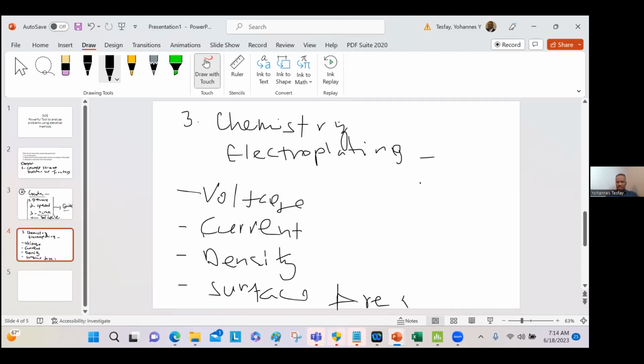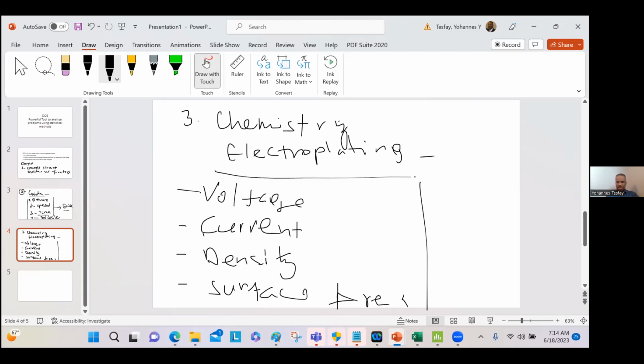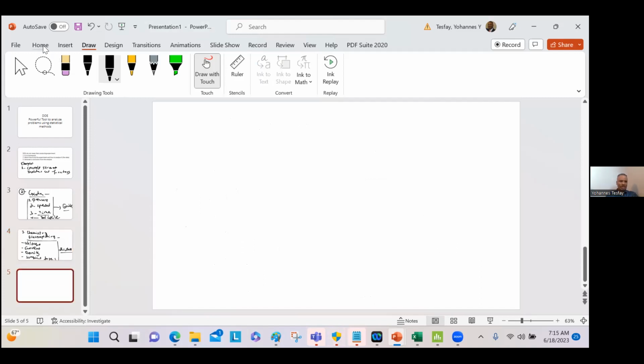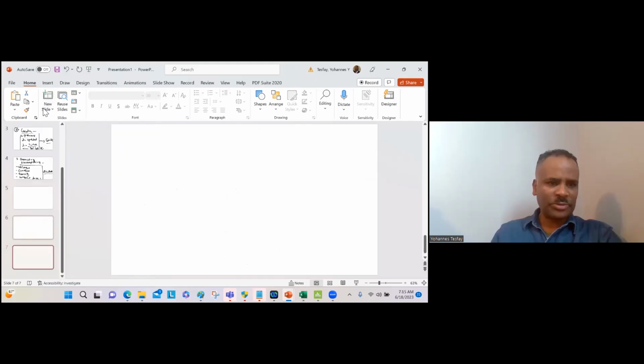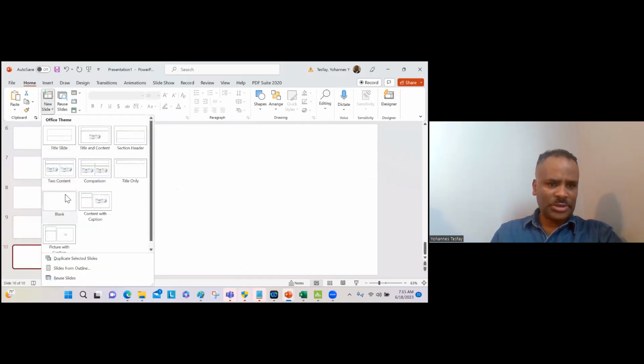All these are inputs, and what you are looking for is the electroplating thickness. So those are the factors, and the output is thickness. Let's add some more.